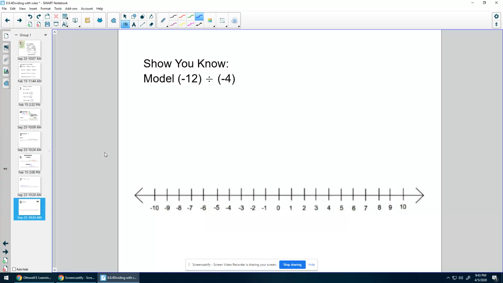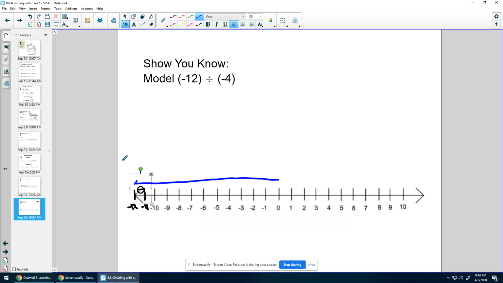Okay, so we are going to start at 0, like always. We need to draw out our straight line for -12. Don't actually have enough room, so I am going to add best I can. It's -11, and that is negative 12. Okay, so we have drawn our negative 12. And we are dividing by a negative.